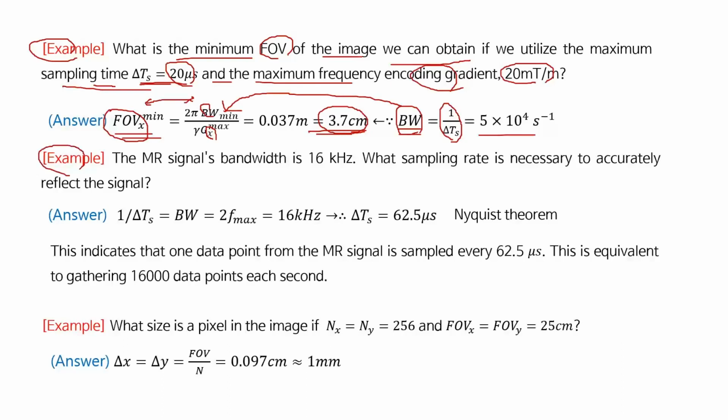Next example. The MR signal's bandwidth is 16 kHz. What sampling rate is necessary to accurately reflect the signal?